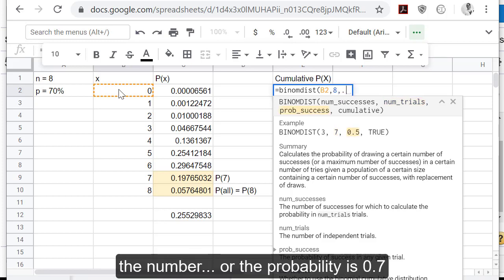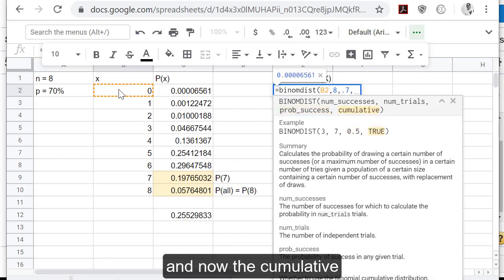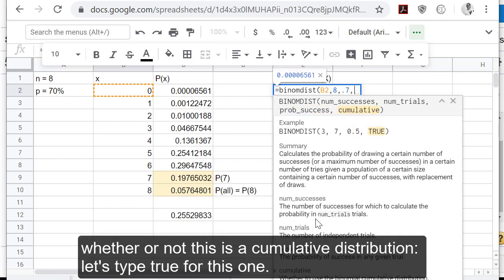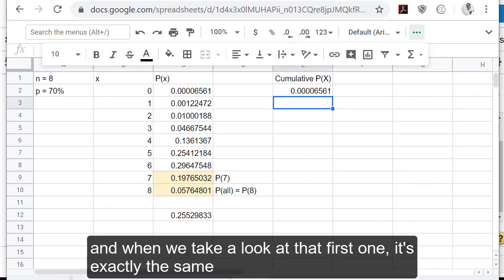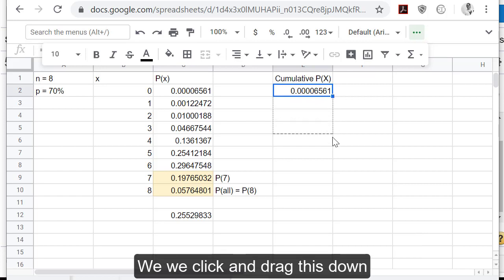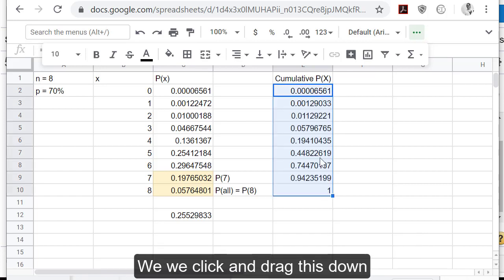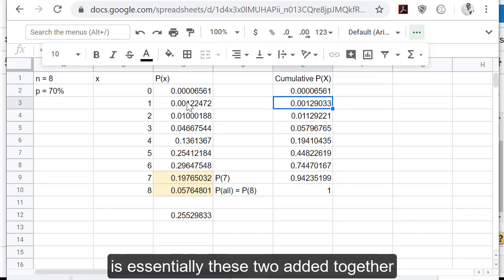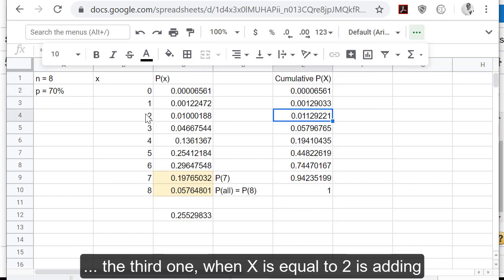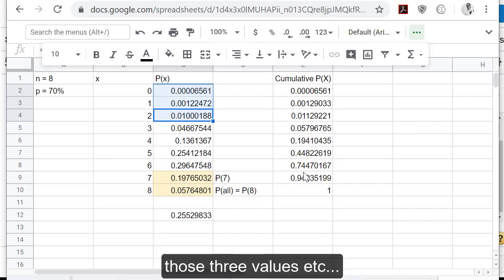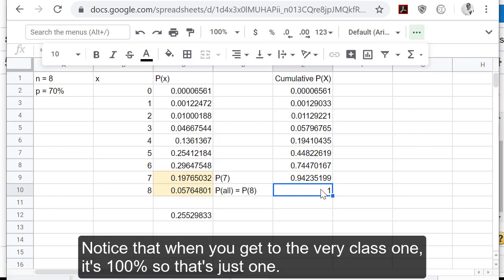The probability is 0.7. And now the cumulative, whether or not this is a cumulative distribution, let's type true for this one. When we take a look at that first one, it's exactly the same. When we click and drag this down, we see that the next one is essentially these two added together. The third one, when x is equal to 2, is adding those 3 values, etc. Notice that when you get to the very last one, it's 100%, so that's just 1.